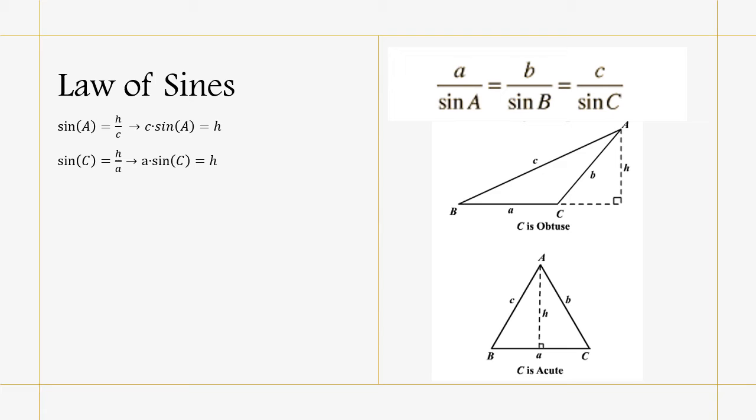Since c sine A is equal to h, and a sine C is also equal to h, we can have them equal each other. So c sine A is equal to a sine C. And if we divide sine C from both sides, we are left with c sine A divided by sine C is equal to a. And if we divide sine A from both sides, we are left with c divided by sine C is equal to a divided by sine A.